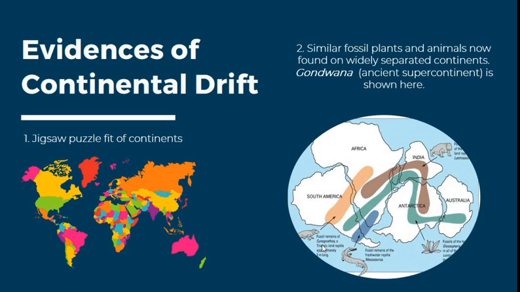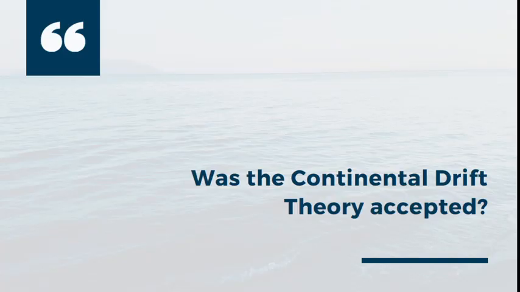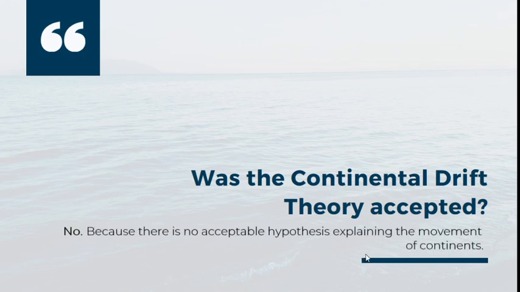Now, with all of these evidences that Wegener cited, the main question is, was the continental drift theory accepted? The answer is no. Why? Because there is no acceptable hypothesis explaining the movement of continents.